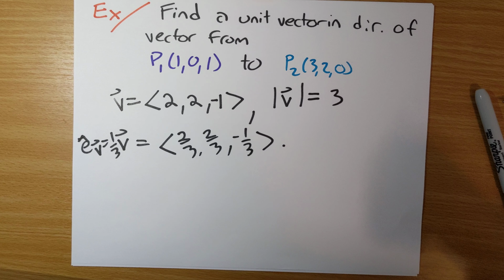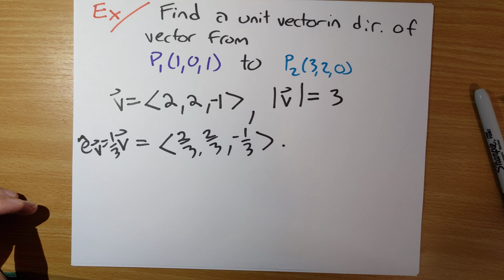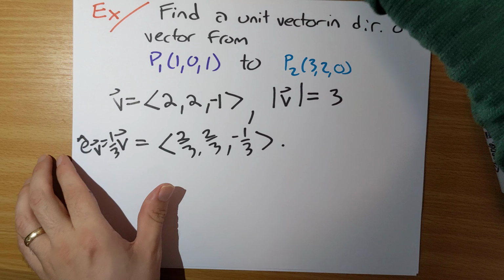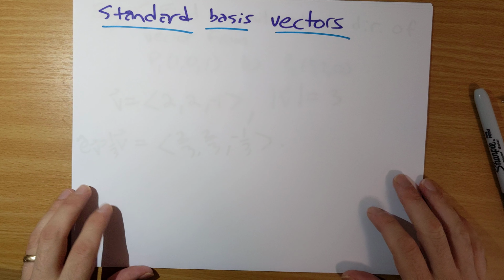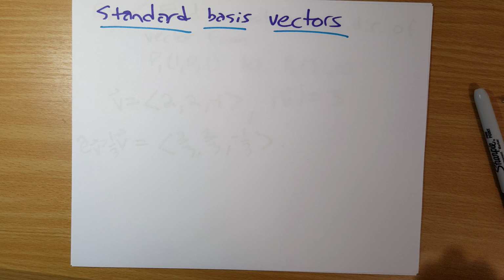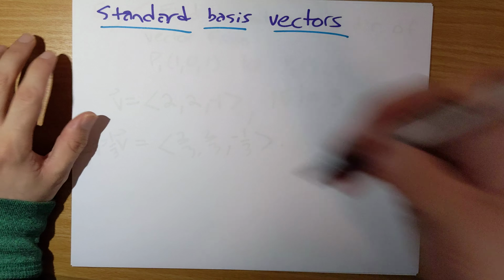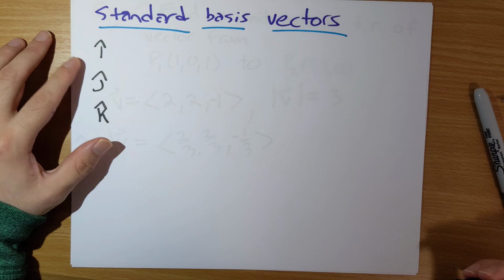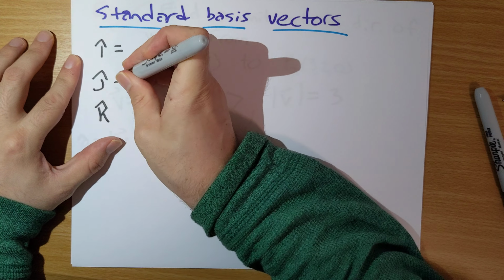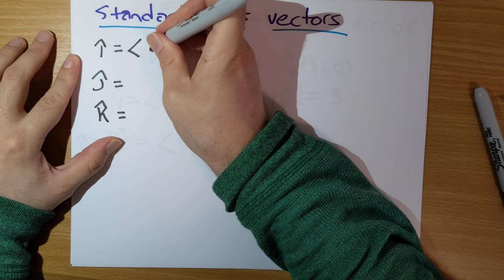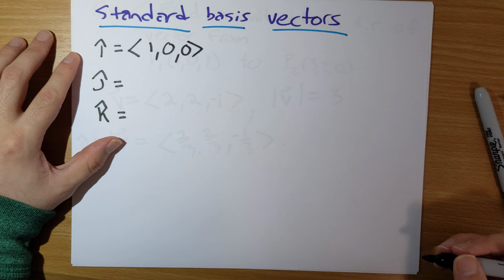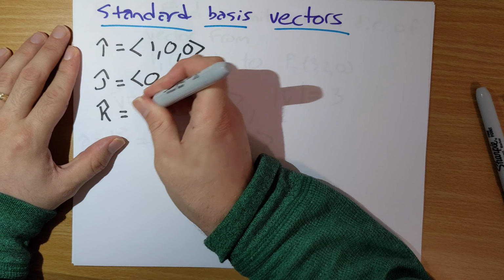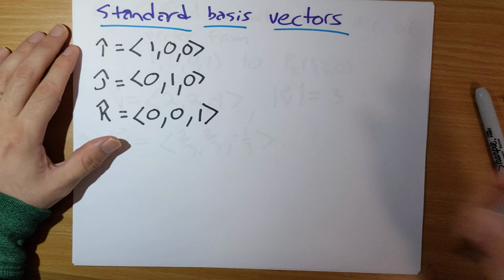Now there's a special type of unit vector that we're going to be using so much in succeeding sections and chapters. This special family of unit vectors is called the standard basis vectors. There are 3 standard basis vectors, i hat, j hat, and k hat. Written as components, i hat is 1, 0, 0, j hat is 0, 1, 0, k hat is 0, 0, 1.